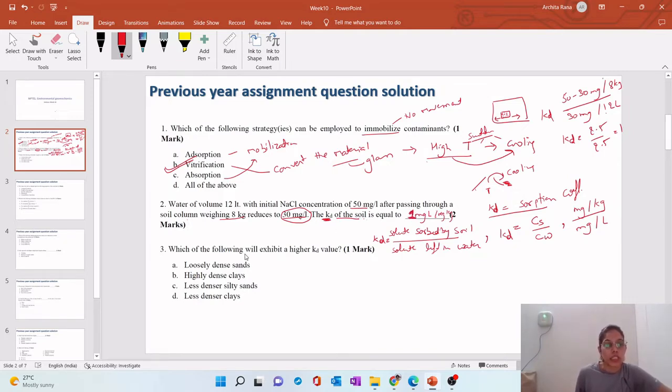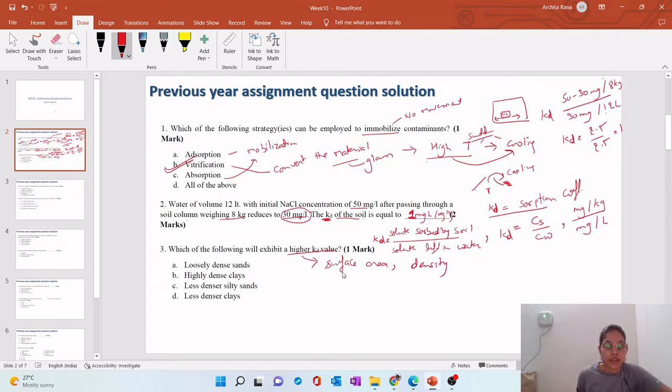Now question 3 is: which of the following exhibit a higher KD value? Now sorption depends on a lot of parameters. One of them could be surface area, another could be density, right?